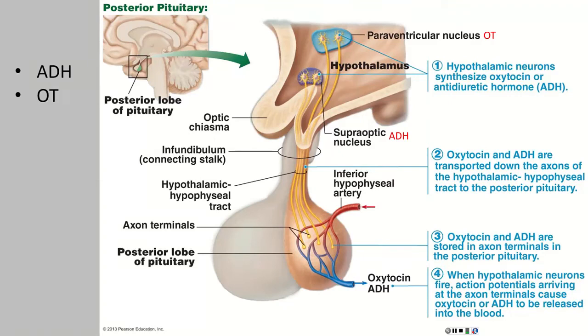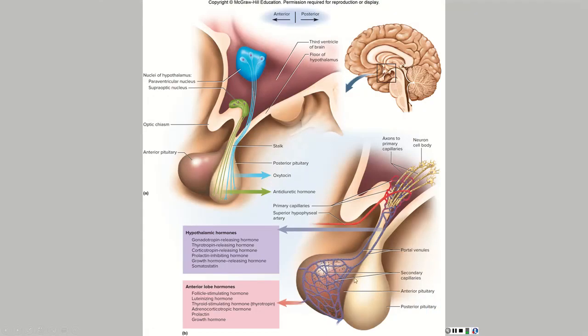Now, those axons, we can see here, they're passing through the infundibulum. The glandular tissue that makes up the anterior pituitary gland is kind of wrapping around that infundibulum. And here's that capillary bed that I mentioned that surrounds the posterior pituitary gland that we didn't see. That is actually right here.